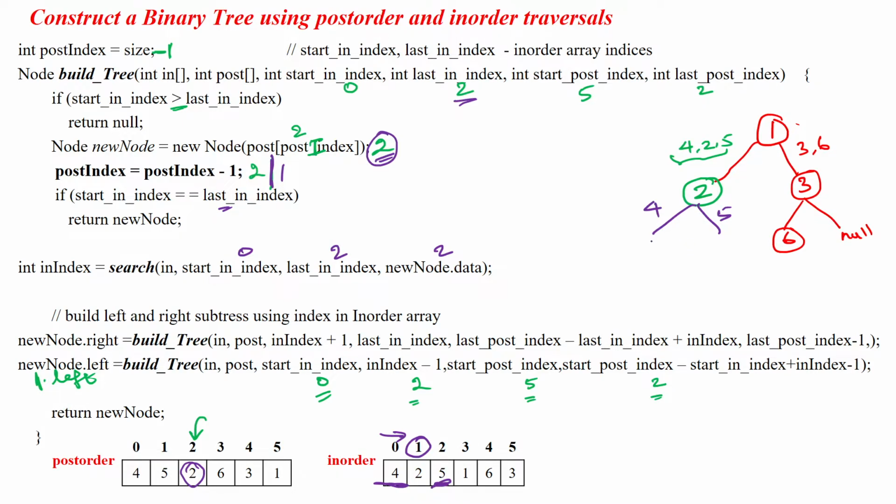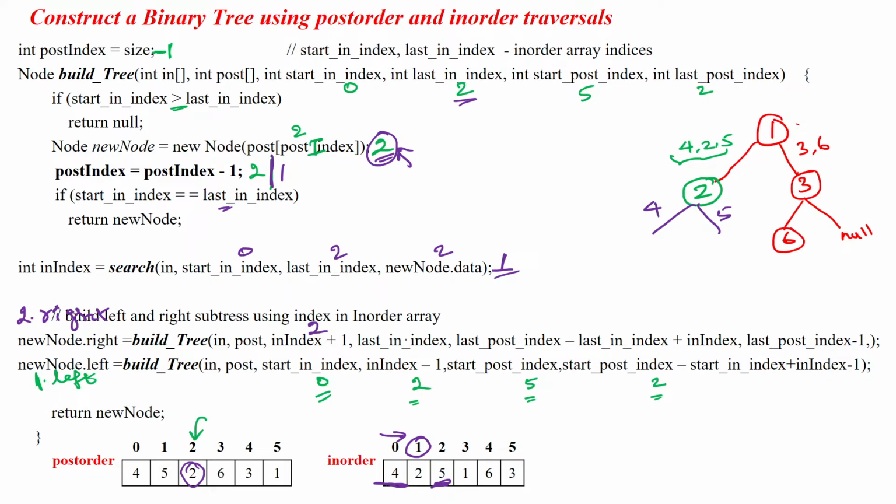Now once we reached that, the index value we are getting here for the 2 is 1, right? So once after getting the 1 dot left, now the current node is 2. So here we have to find 2 dot right. For 2 dot right, the inorder index is now 1.